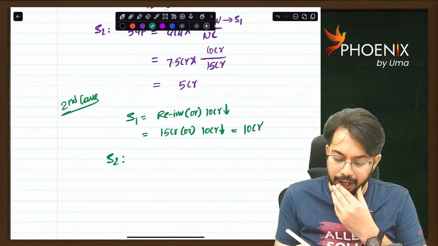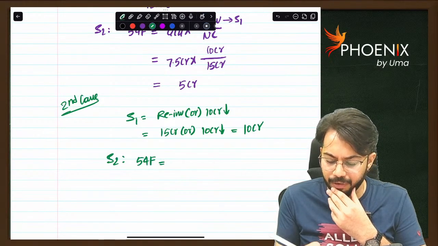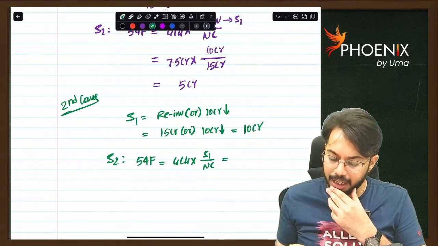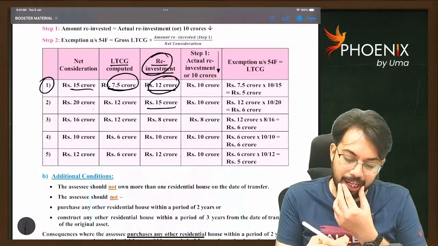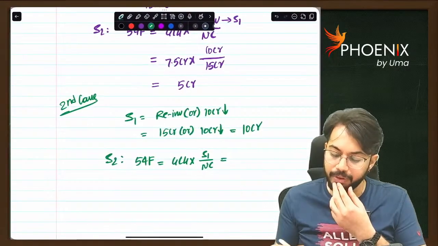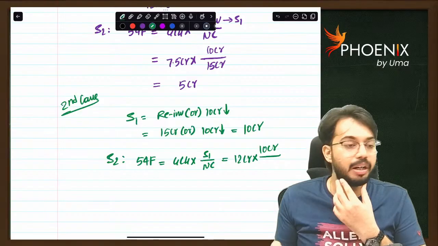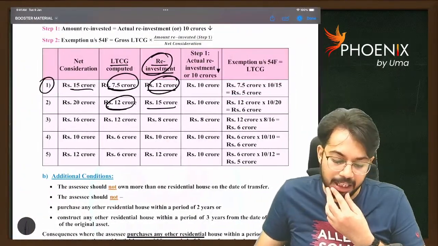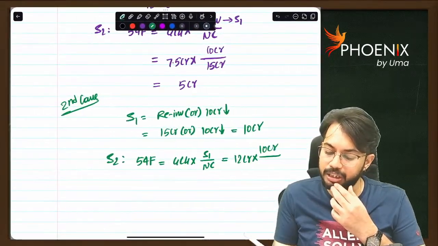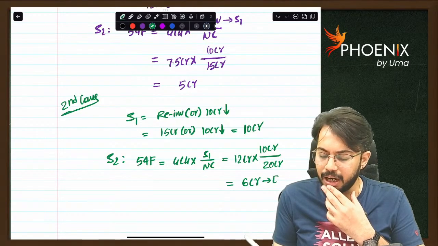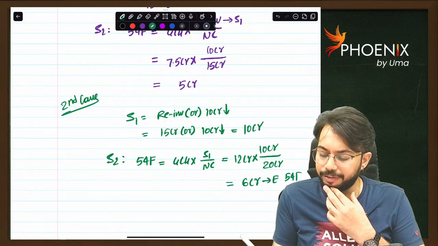Step 2, exemption under section 54F is equal to gross capital gain into step 1 divided by net consideration. How much is gross capital gain? 12 crores. 12 crores into step 1, 10 crores, divided by net consideration, which is 20 crores. So 6 crores is exemption under section 54F.